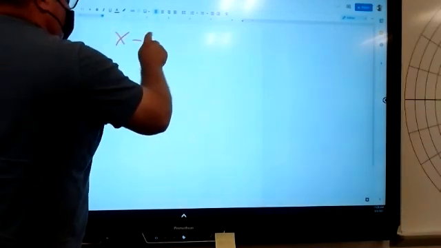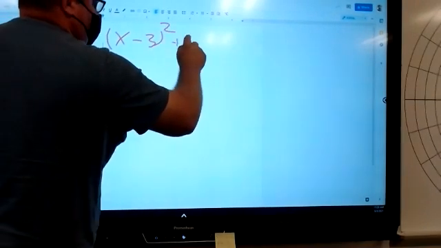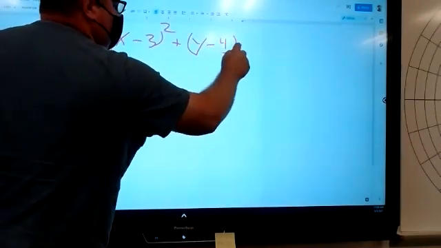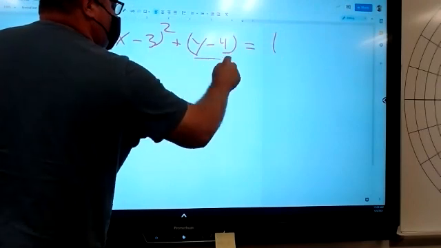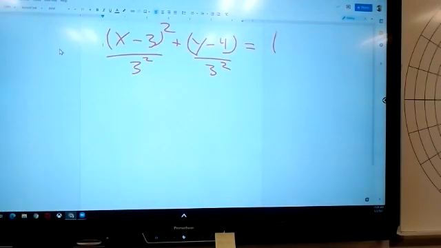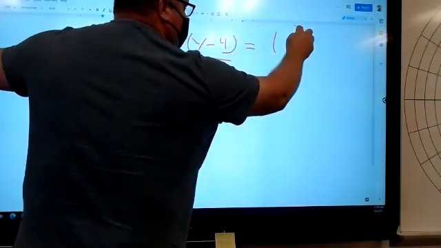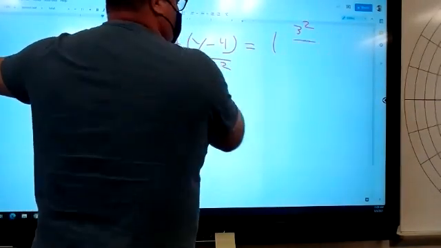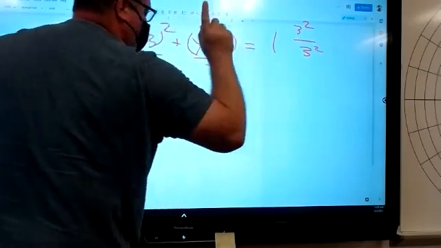Now, could I do this? Well, I guess I should have done that a minute ago. Plus y minus 4, the quantity squared, over 3 squared equals 1. Is that the same exact thing as we just had? What's the only thing I did? I divided both sides by 3 squared.